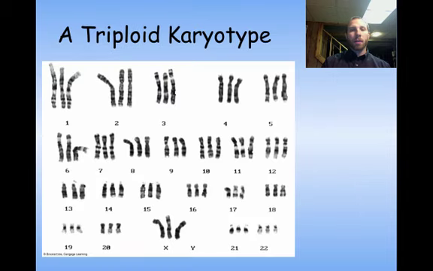The karyotype would look like this: 3 chromosomes when we normally should just have 2 of each of these chromosomes, of each of these pairs. So this would be a female who has 3 X's and 3 of everything else. That would be called a triploidy, polyploidy.